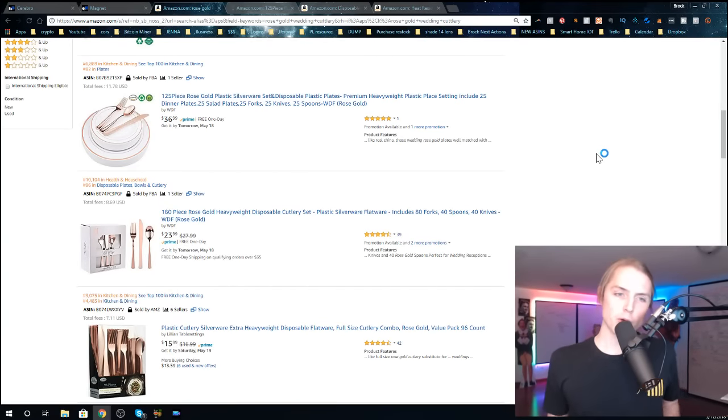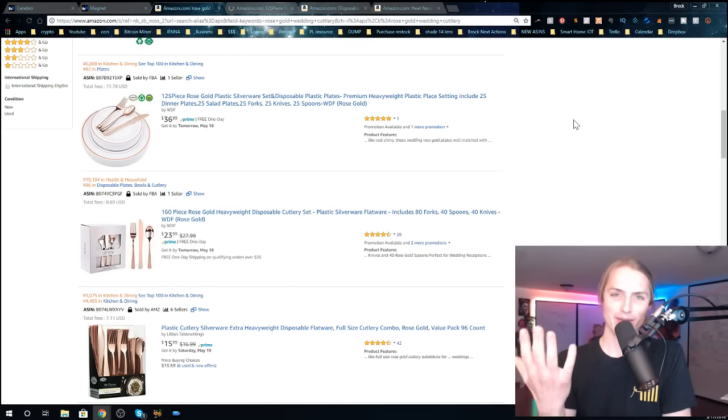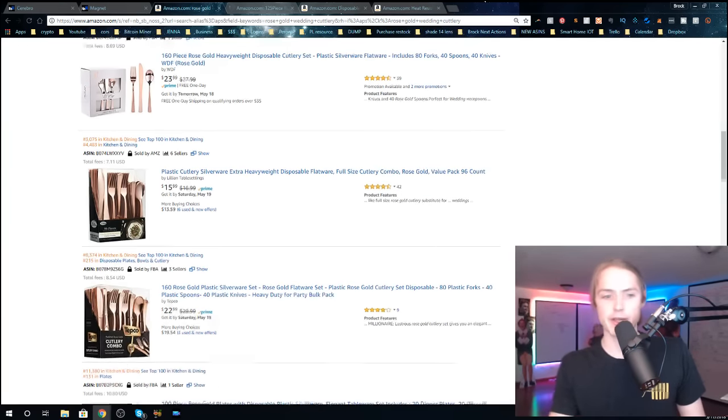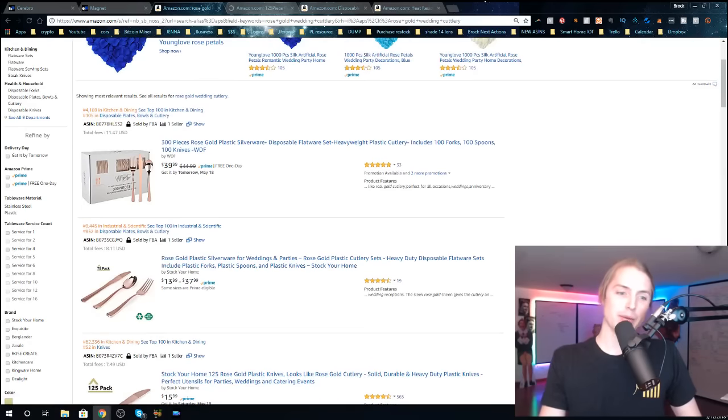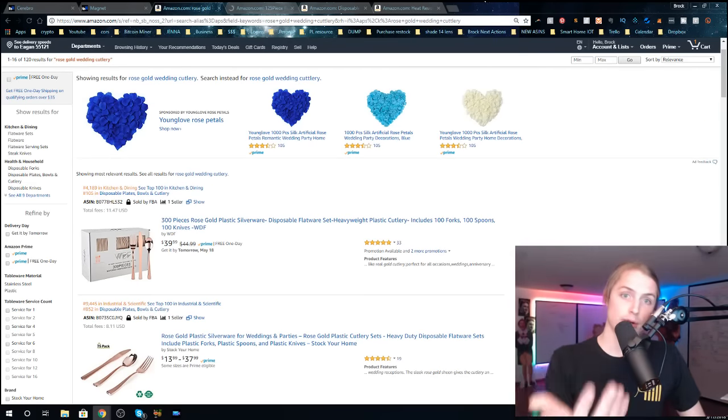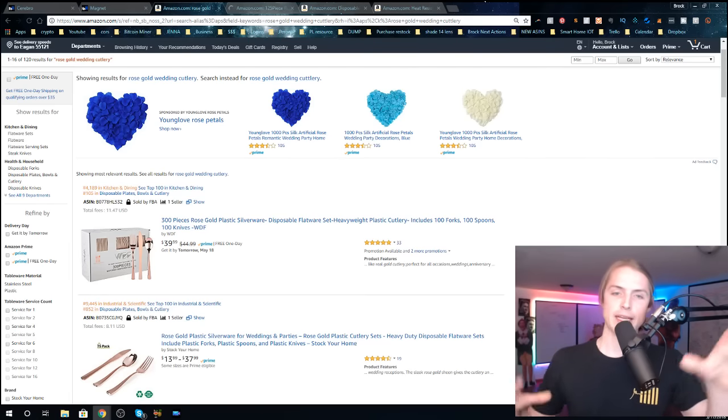If you're buying rose gold cutlery, you're potentially going to need plates and everything. Now I know some people want to get china plates and stuff for weddings, but if you could go in and provide a bundle within this, there are probably a lot of people looking up rose gold cutlery, and you could solve that problem and get them both together.